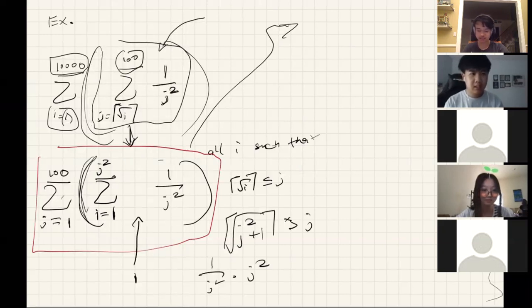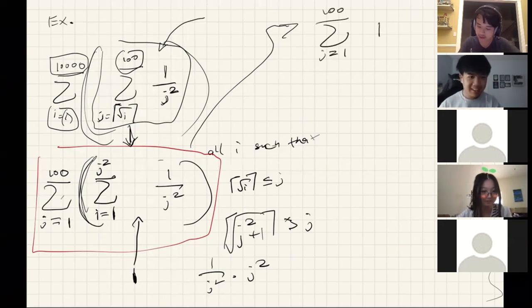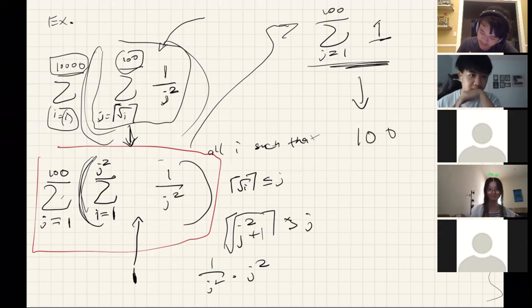Of course, this constant is relative, because in this sum, j squared is essentially treated as a constant since all terms in this nested sum are the same. But anyways, this nested sum magically evaluates to 1. So you're just summing up 1 over j equals 1 to 100. And the answer to the question is just 100.